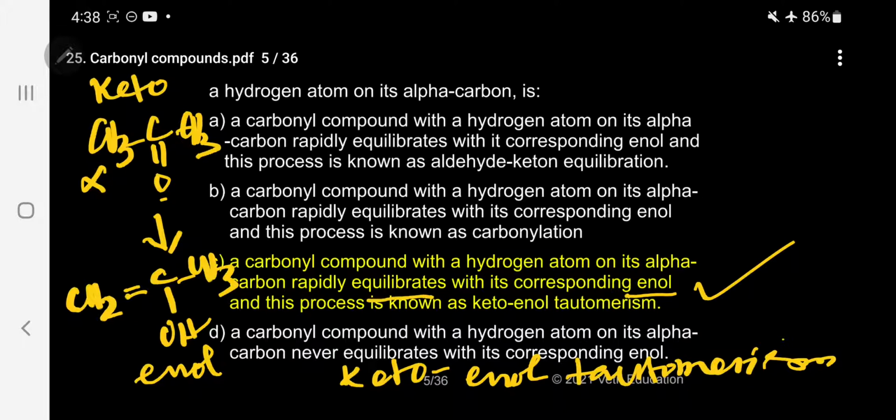You must know clearly. The definition is: two different compounds, please follow, having the same molecular formula but different physical and chemical properties.